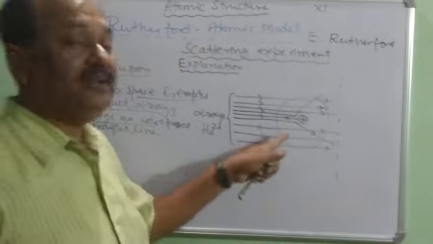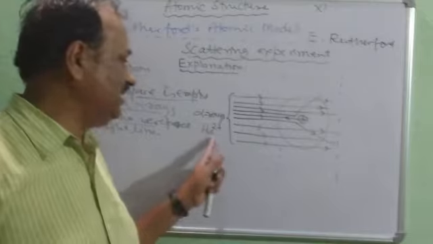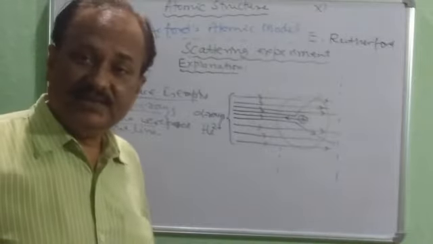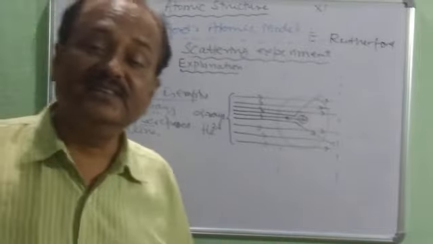Now, some alpha rays were passing by the nucleus, and it was established that the nucleus is positively charged and alpha rays are positively charged. When similar charges are there, there is repulsion.